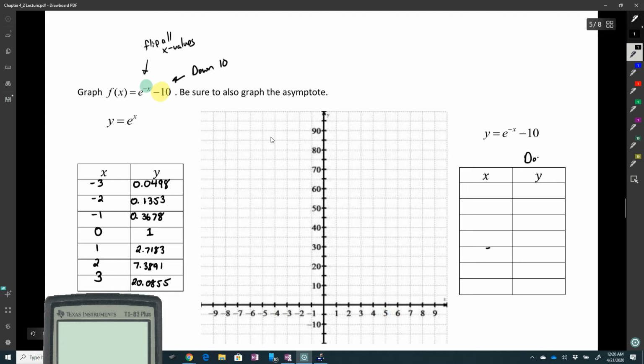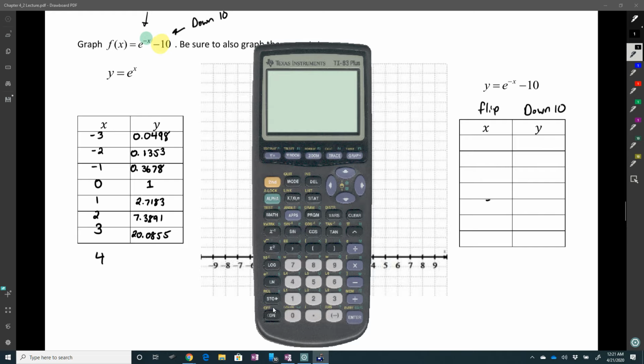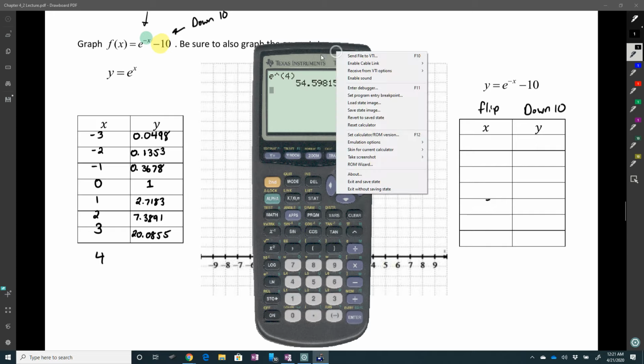So here I have down 10, and for this one, I'm going to flip. And for the sake of having some more values, let's say this is 4. What's e to the 4? 54.5982.